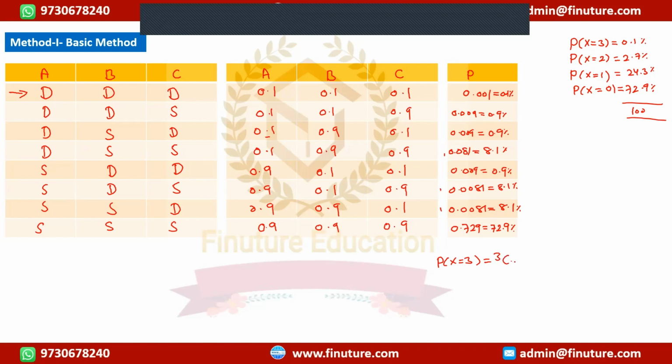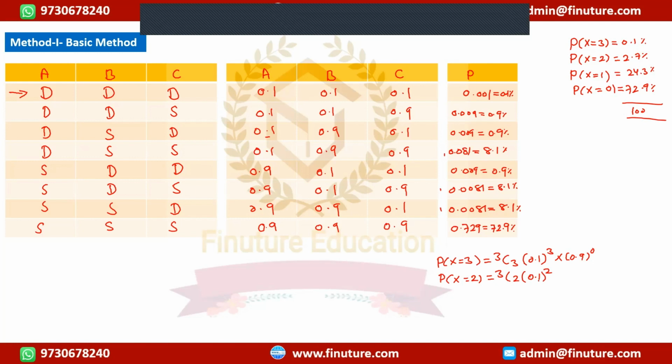So it's 3C3. Probability of 1 default is 10%. So you're looking for 3 defaults and 0 survival. You should ideally get 0.1%. Likewise, for x equal to 2, you have 2 bonds chosen out of 3, with 2 bonds defaulting.